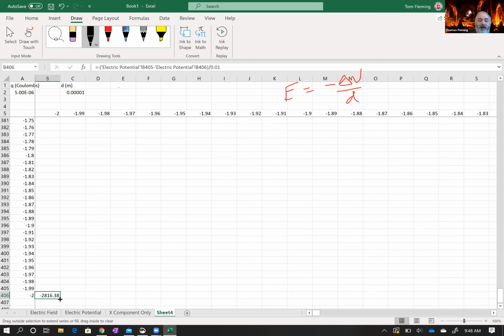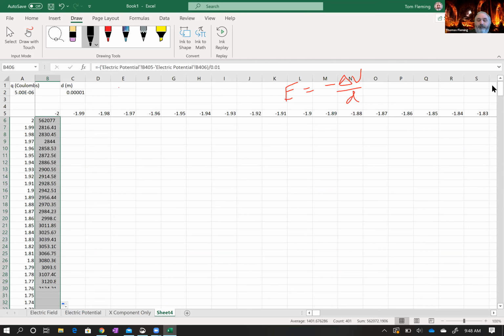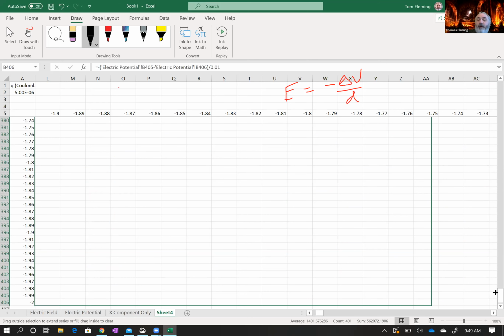Now I can take that box, drag it up, and fill in a bunch of blanks. And I can take this and drag it sideways.